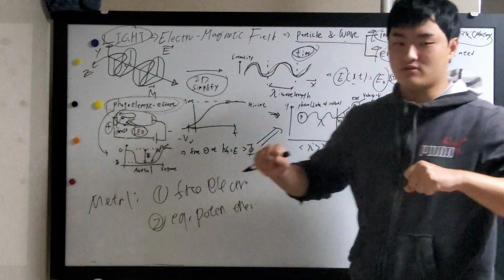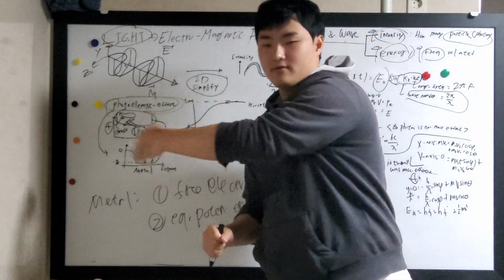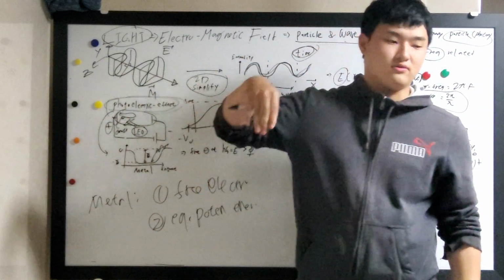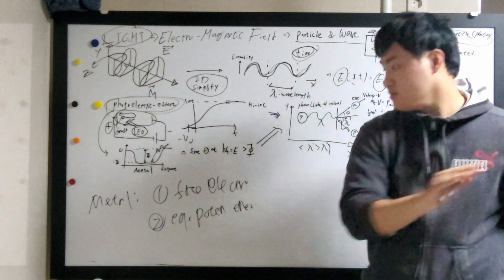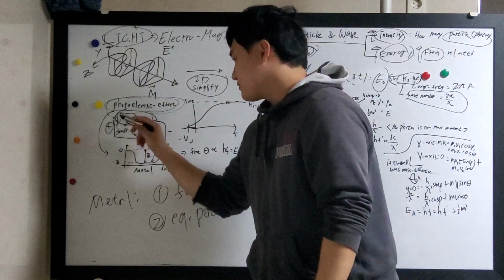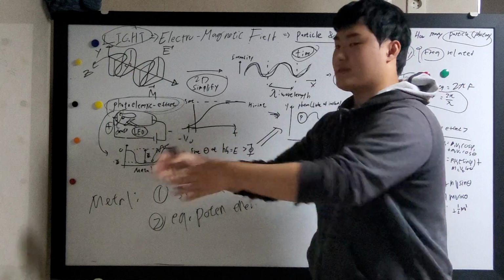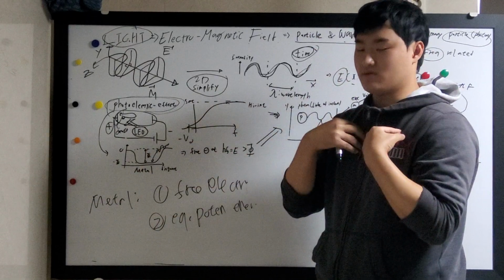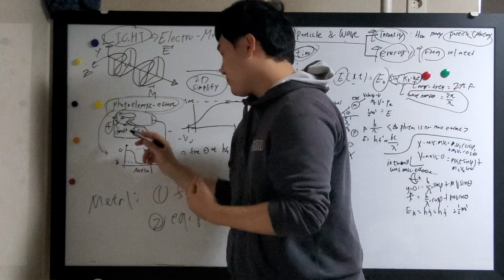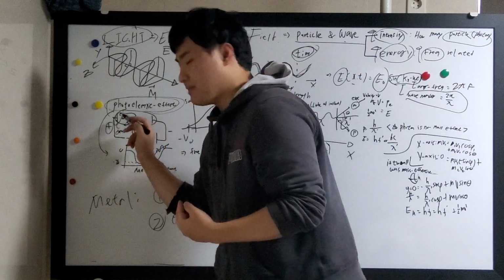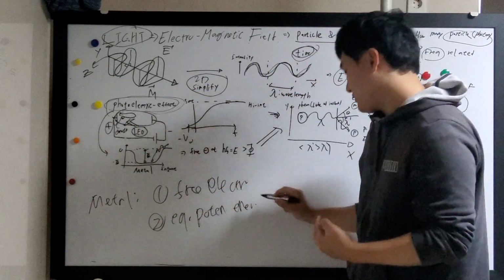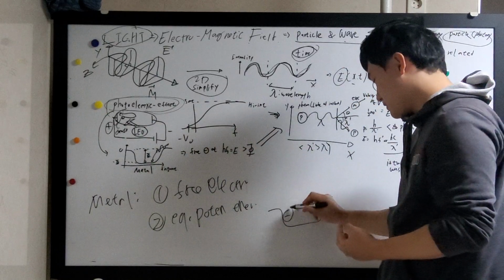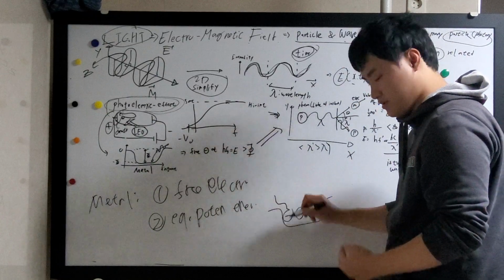We know the electron's flow is in the opposite direction of the current flow. So when light is propagated to the metal, the metal will receive energy from the light or photon. So the photon will meet the metal plate, and finally the electrons will get energy.